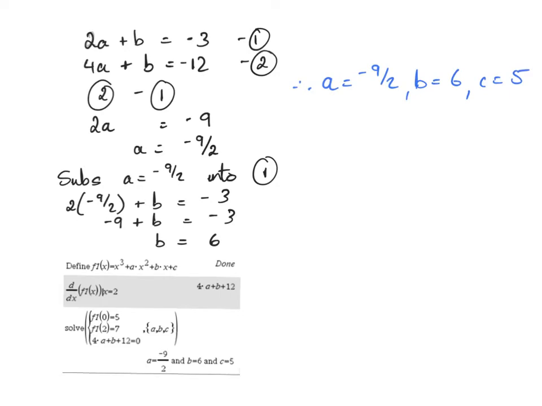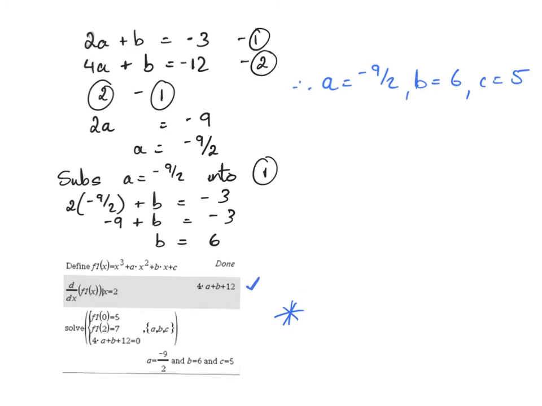Now, of course, if it was a technology exam, we could use our calculator. So let's have a look down here at what you would need to put into your calculator. You need to define your function. And once your function is defined, then you are going to find the derivative of that at x equal to 2.